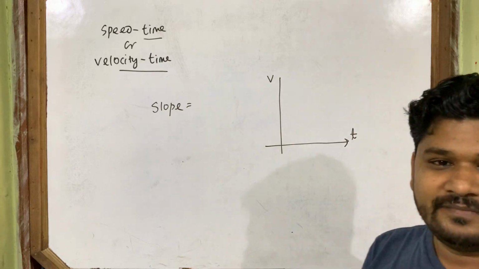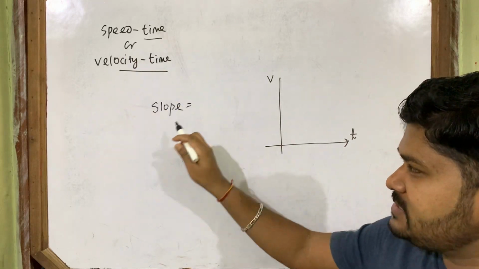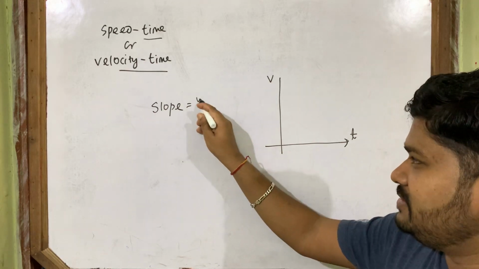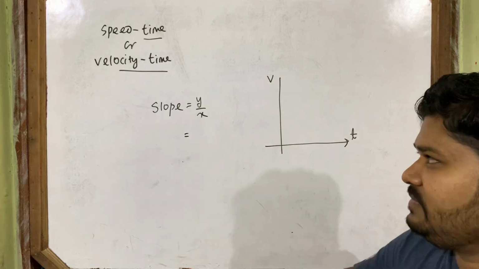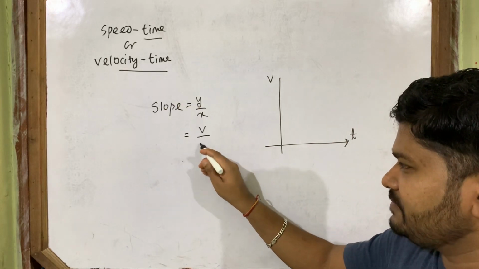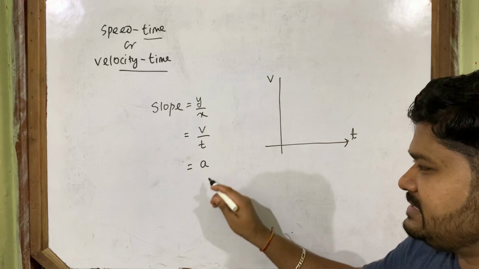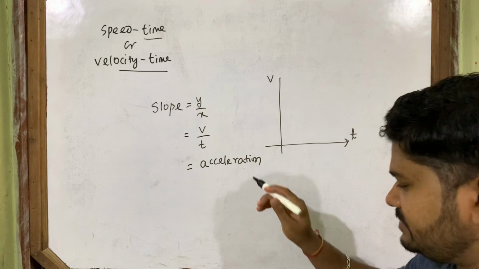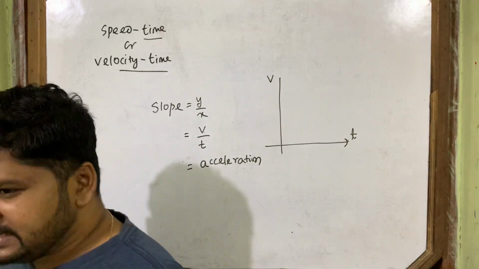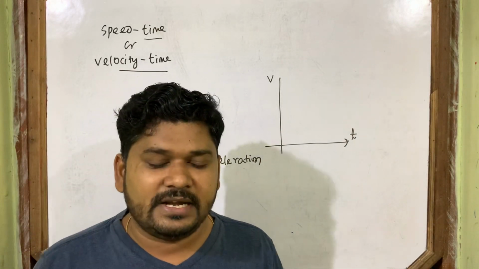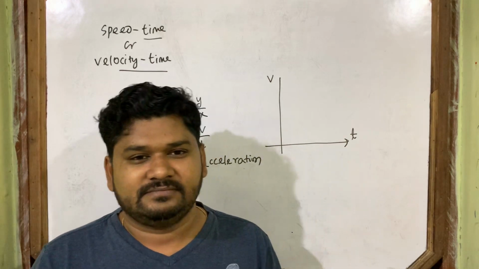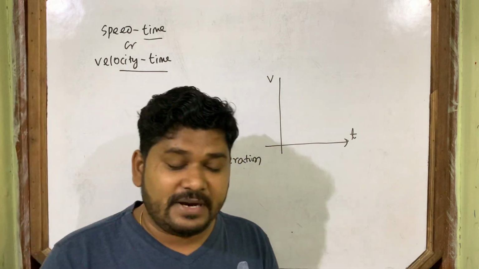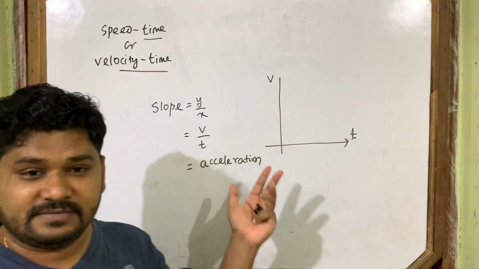Slope means y by x, that is velocity by time. So this is nothing but acceleration. In this graph, slope means acceleration. The slope of a velocity-time graph provides the value of acceleration.